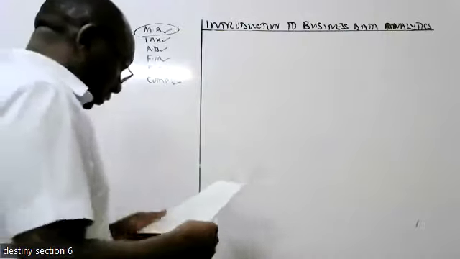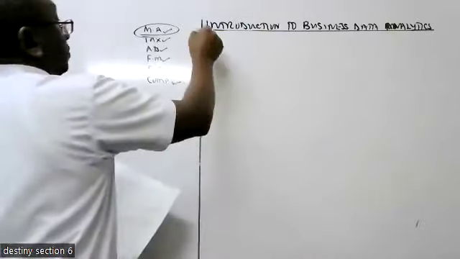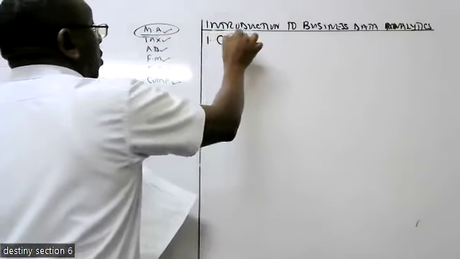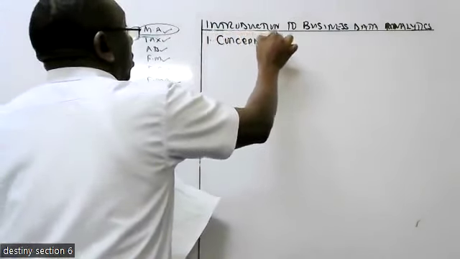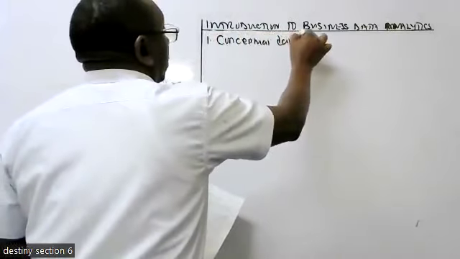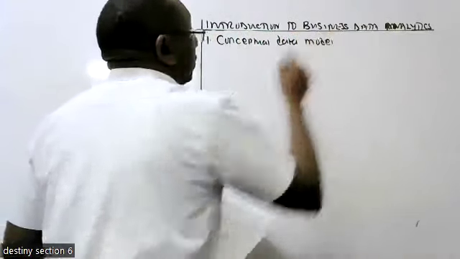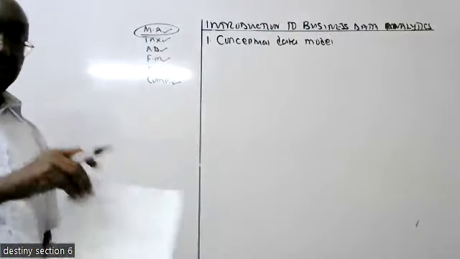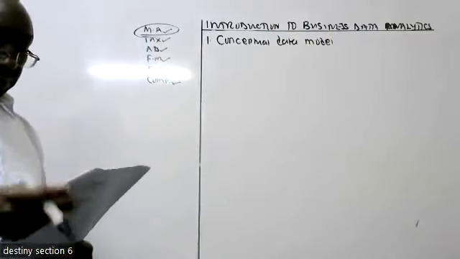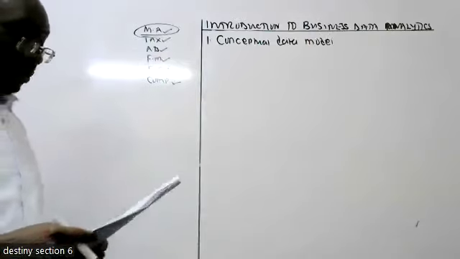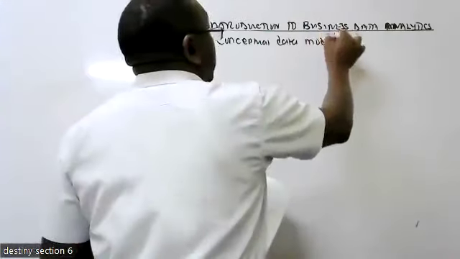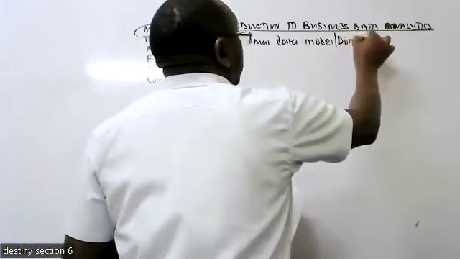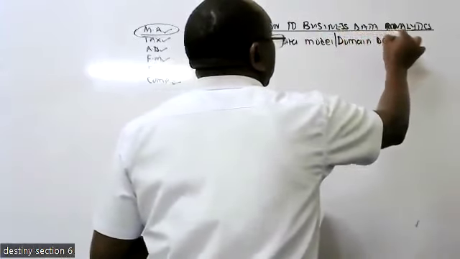So the first one is called conceptual data model. Some people call it domain, you can also call it domain data model.